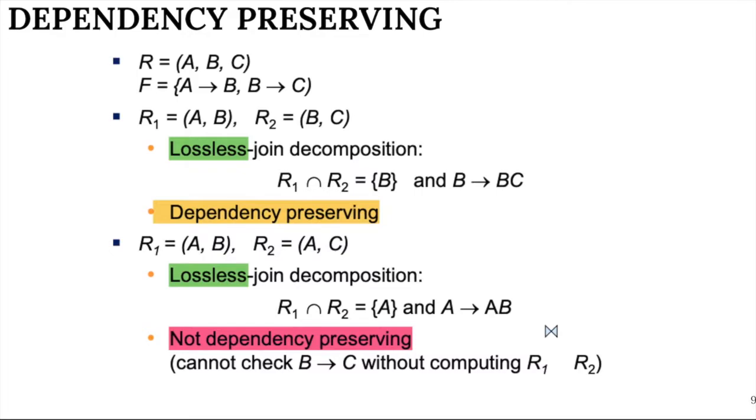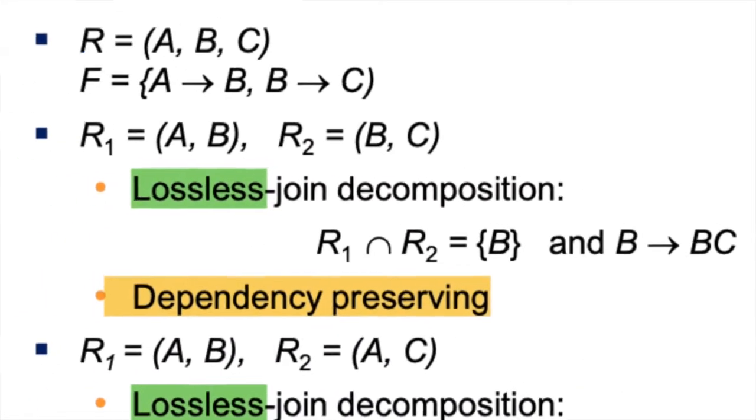So, we are dealing with this particular instance R. This is a relation with attributes A, B, and C. And there is a set F, which is the set of the functional dependencies A to B, B to C, for simplification for now. So, we have two decompositions here. The first one is dependency preserving.